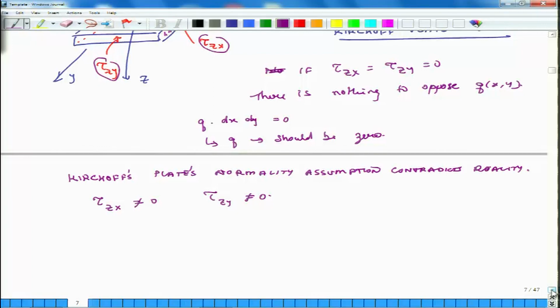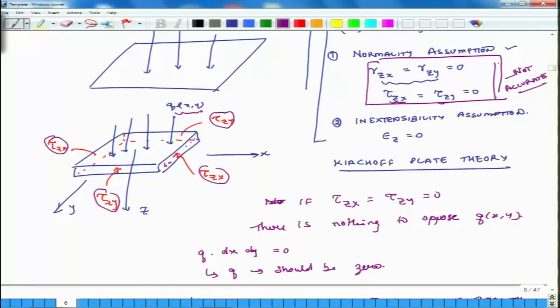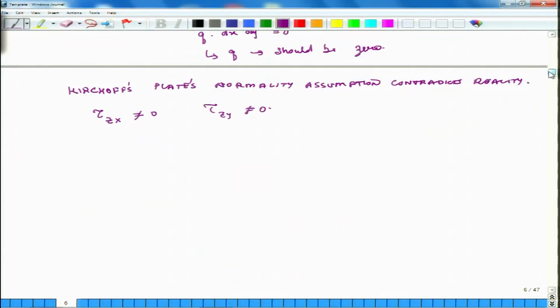So, we say that these shears are not necessarily 0, okay, and if I integrate this shear along the thickness of the plate, with plate thickness from minus h by 2 to h by 2, then just as I get a force resultant in x and force resultant in y direction, similarly I get a force resultant in z direction, and because it is an integral of tau zx, I call it qx.